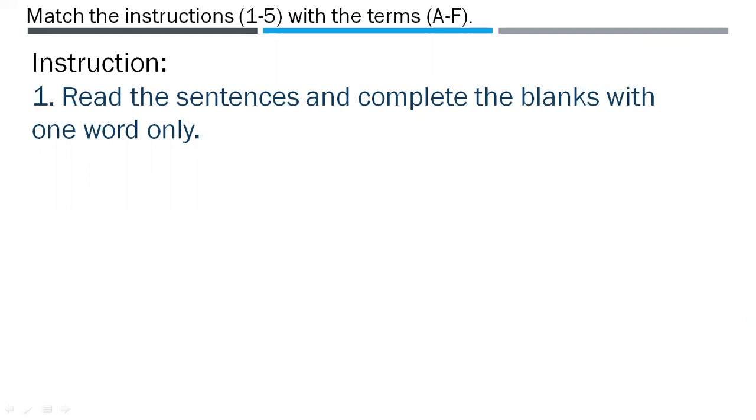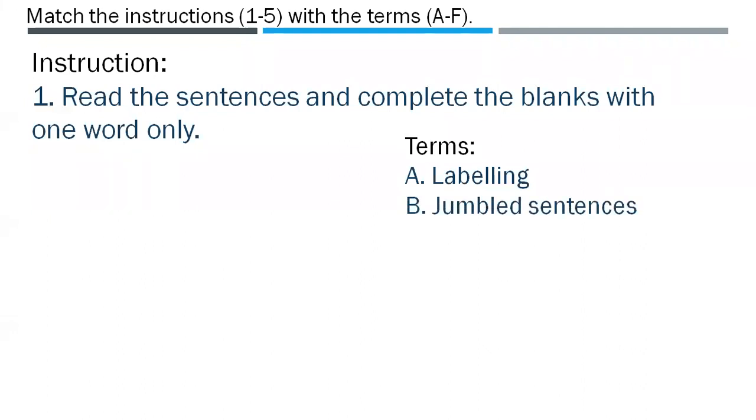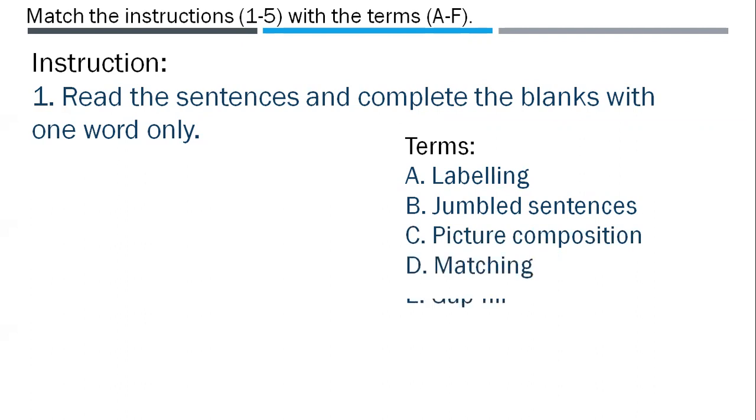So what term can we apply to this? Labeling, jumbled sentences, picture composition, matching, gap fill, discussion. So your idea, please. So there's a gap fill.